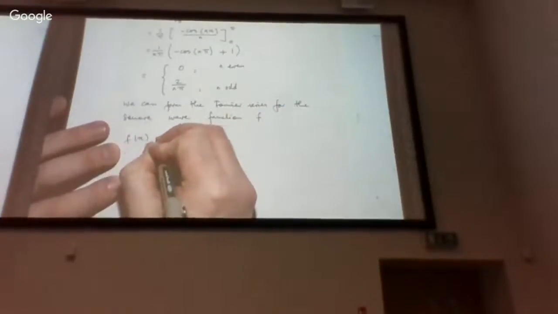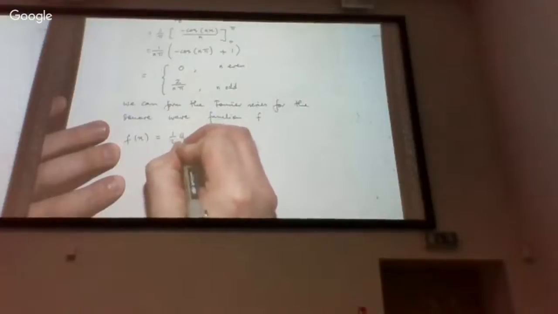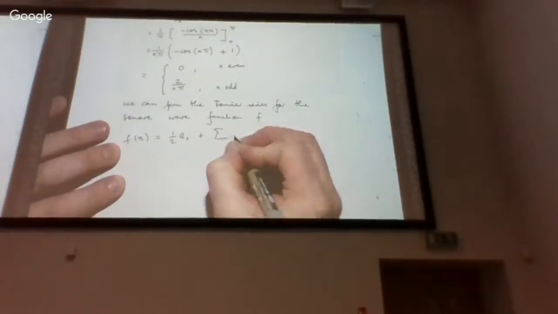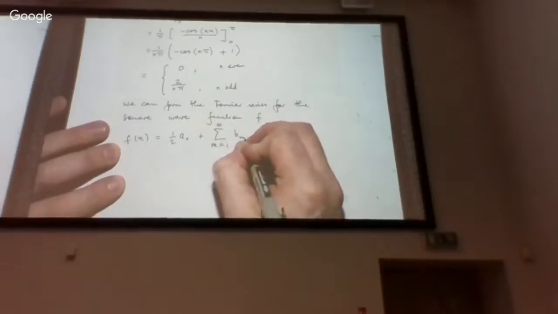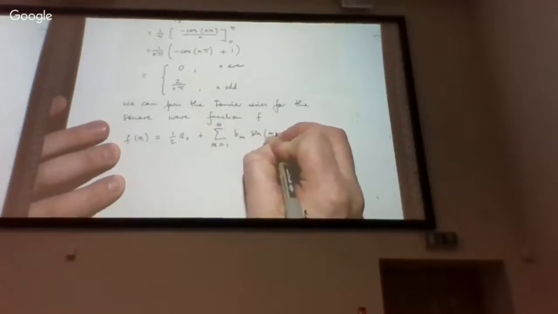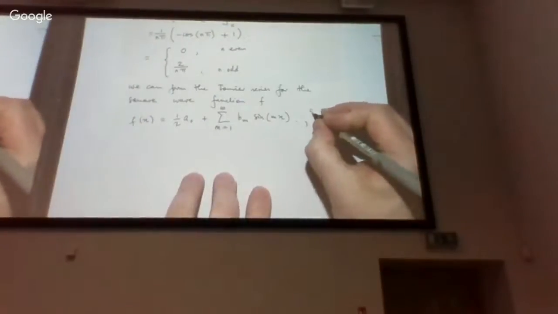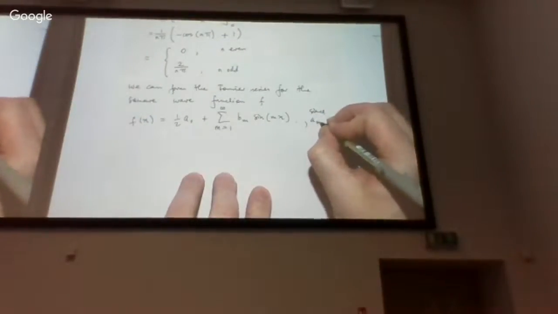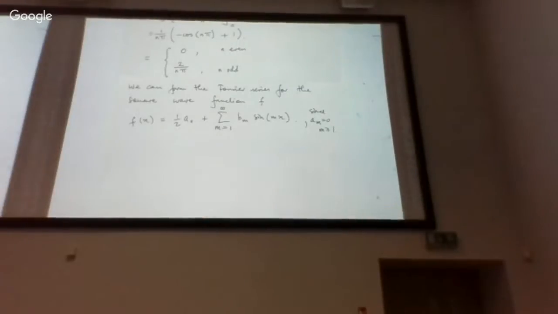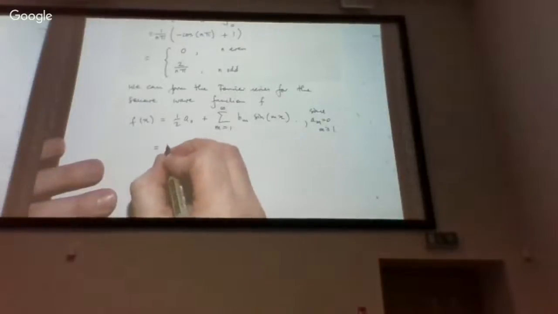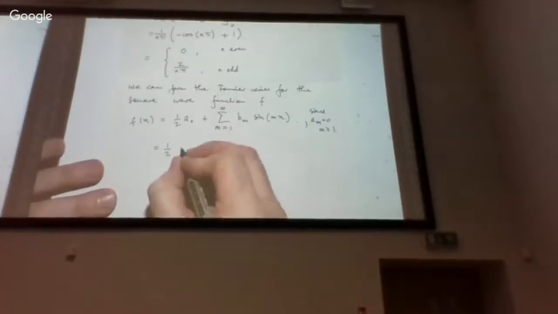As f of x, well, it's a half of A0, but there are no cosines, since an is equal to 0 for n bigger than or equal to 1. So it just looks like this, and now let's actually put in the values. A0 was 1, so this initial constant is a half.